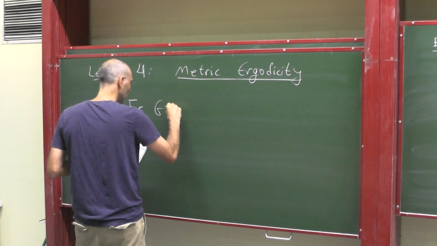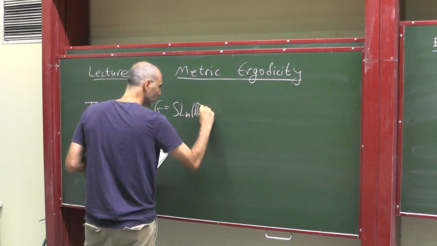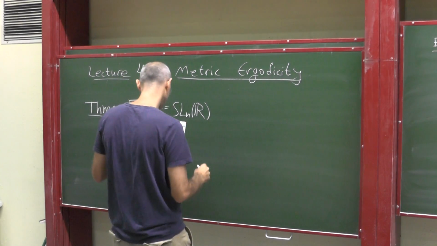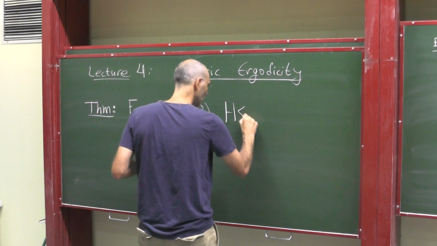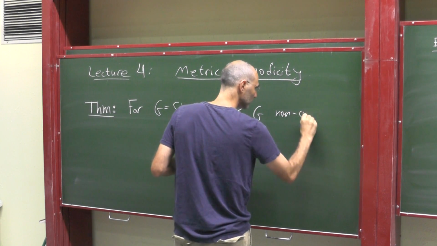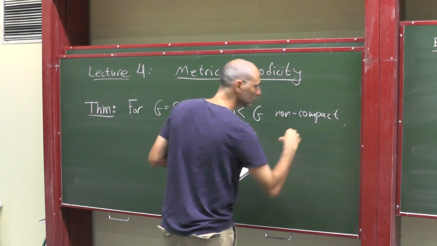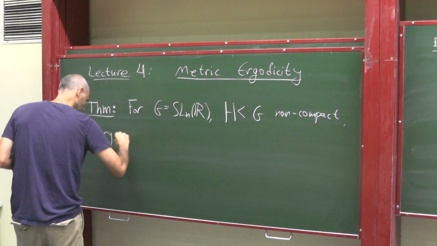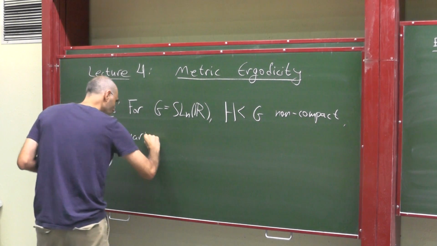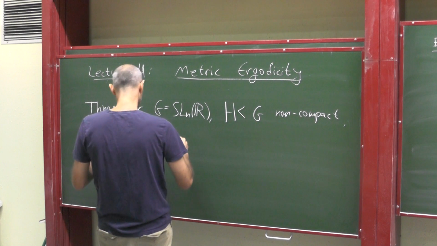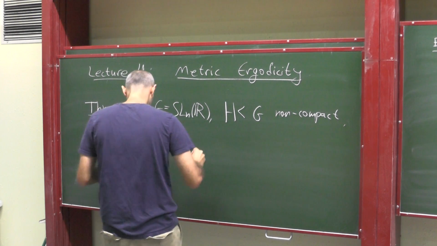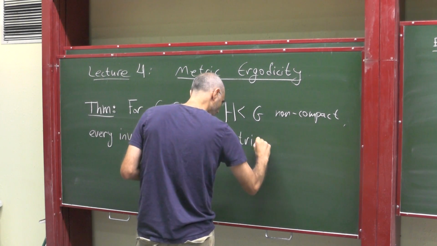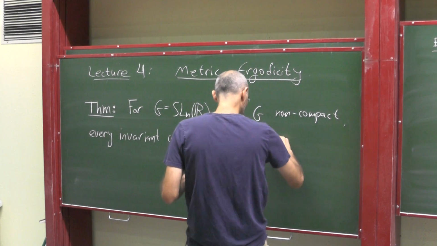yesterday for G, which is Sn and R, and actually for various groups of similar kind, and for H in G non-compact: every invariant continuous semi-metric on G mod H is trivial.